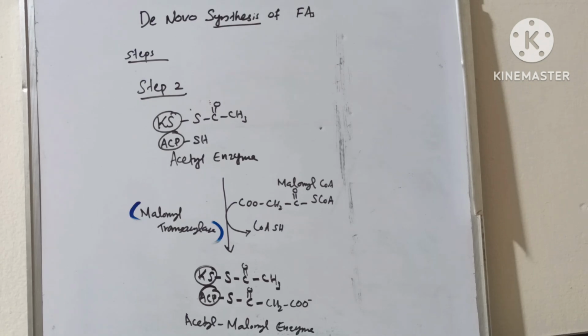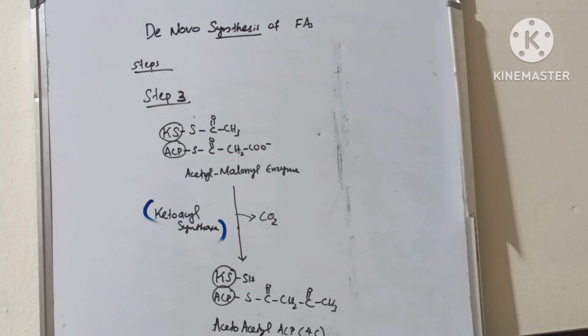In step 2, there will be addition of malonyl group from malonyl-CoA to SH group of acyl carrier protein by the enzyme malonyl transacylase and it forms acetyl malonyl enzyme. In step 3, there is condensation of acetyl and malonyl group by the enzyme ketoacyl synthase.